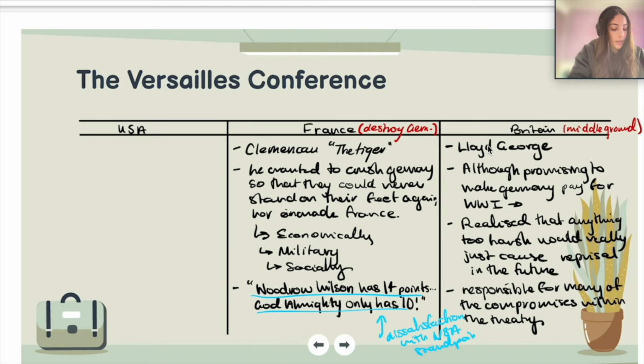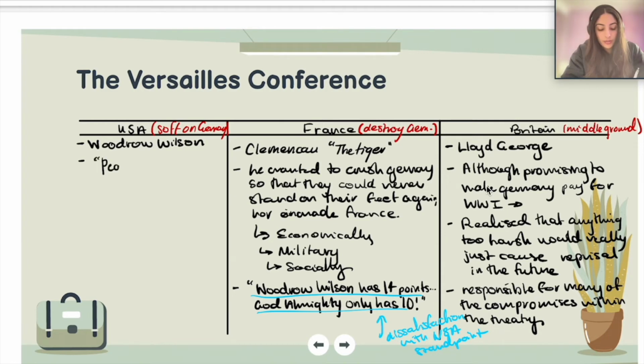And so let's talk about what that standpoint is. Of course, we know, they were very sort of soft on Germany. And so America, of course, we know, is under Woodrow Wilson. He was the representative at the Versailles Conference. Well, he wanted peace without victory.